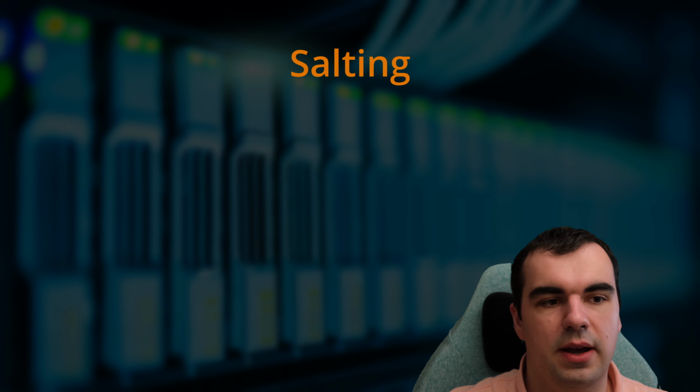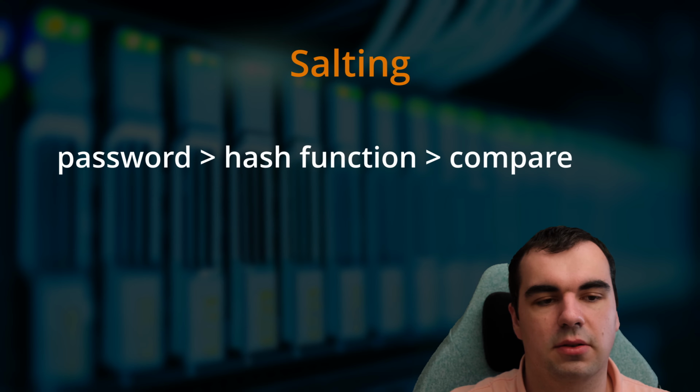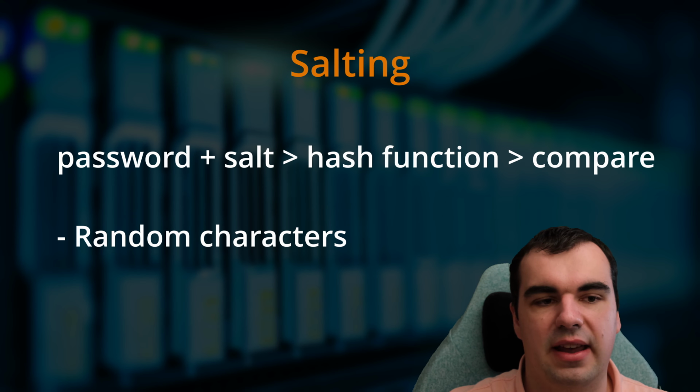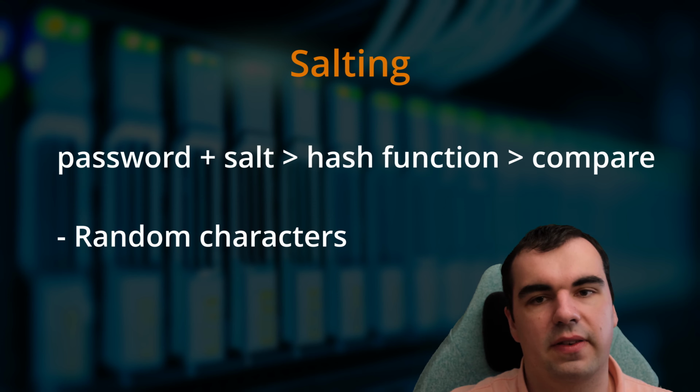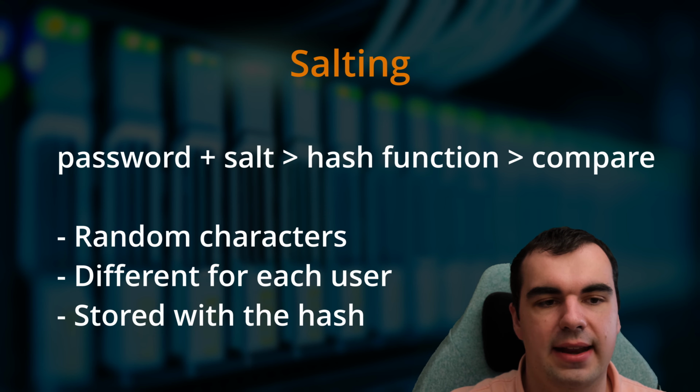Password salting is where before you generate the hash of a password, you add a salt to it, and the salt is just a random meaningless string of characters, and it's different for every user. This salt is also stored alongside the hash of the password and added every time the password is hashed. This eliminates the one-to-one relationship between the password and the hash.